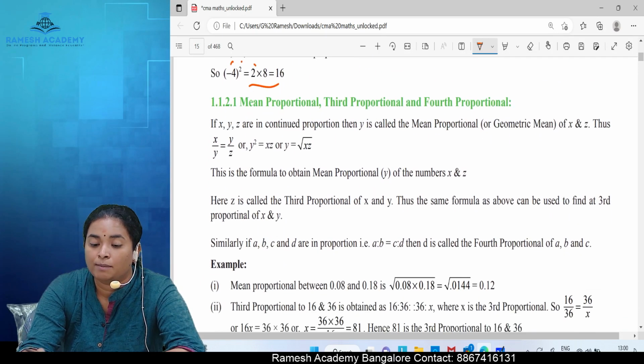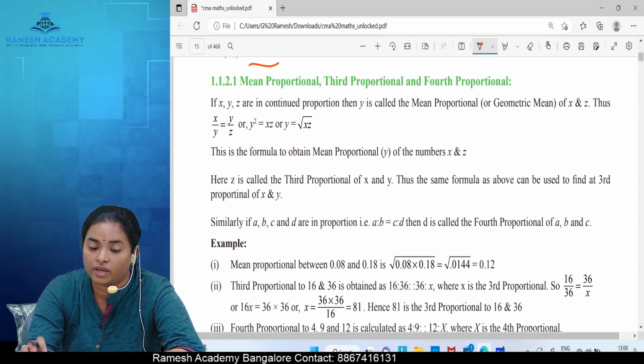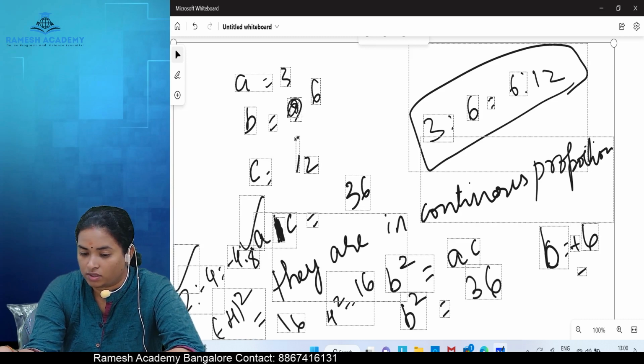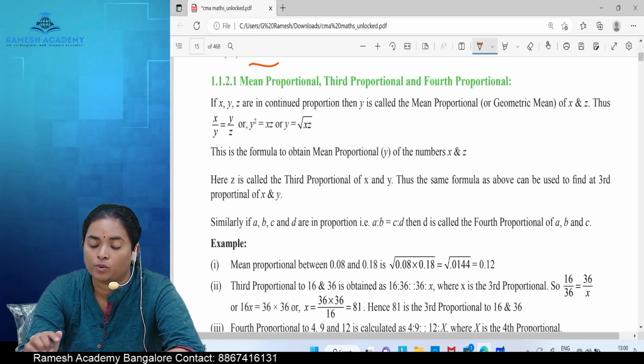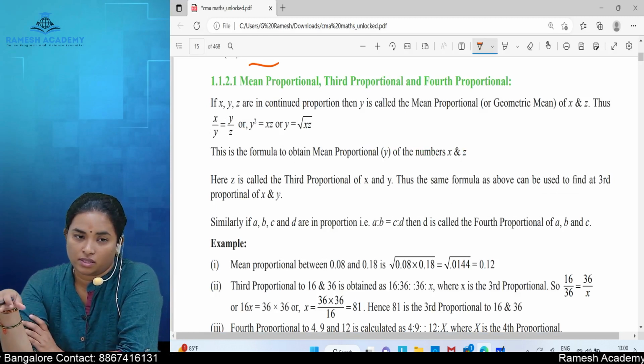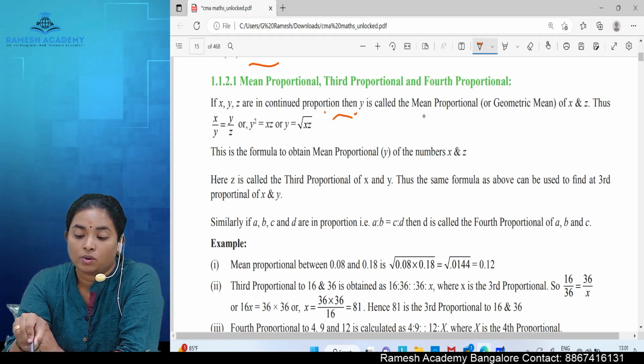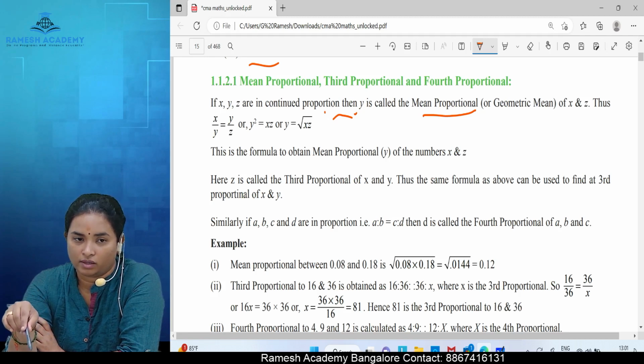Next we have mean proportional, third proportional and fourth proportional. Now let's see what all these are. In mean proportional, given three quantities x, y, z in continued proportion, y is called the mean proportion. That is the middle one in continuous proportion.